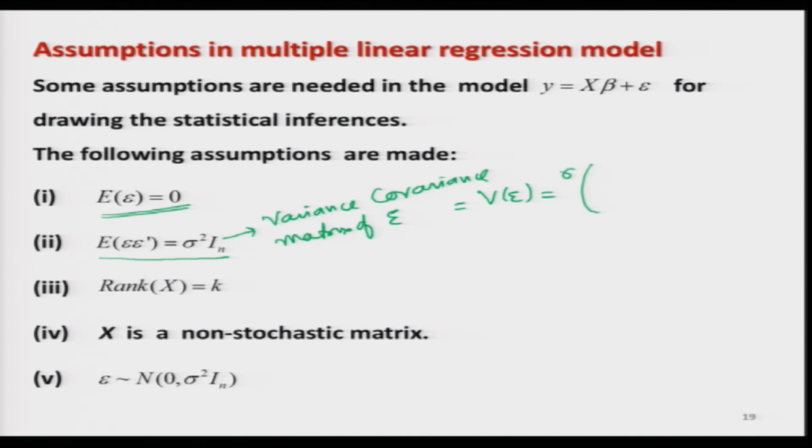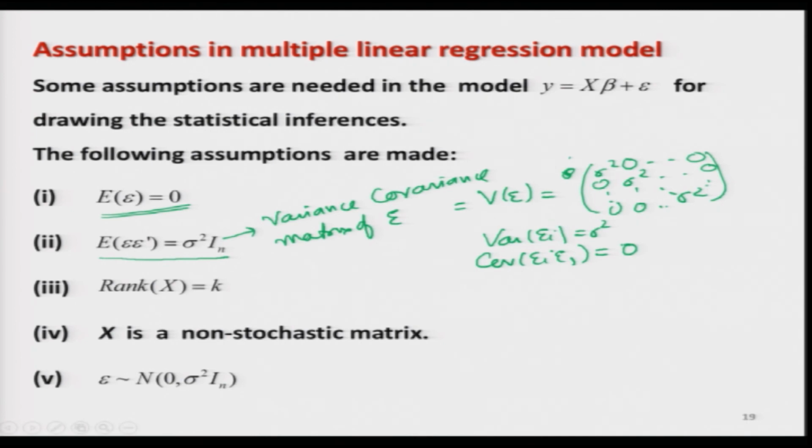The diagonal elements are sigma square and all other elements are 0. So, the variance of epsilon i is sigma square, and epsilon i and epsilon j are independent, so the covariance between them is 0.